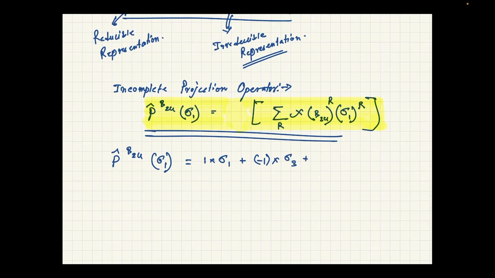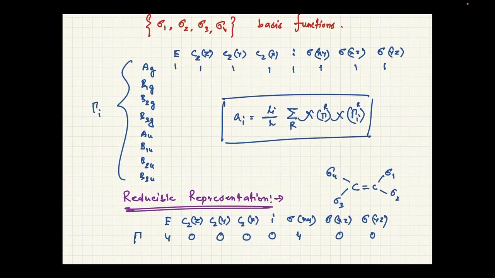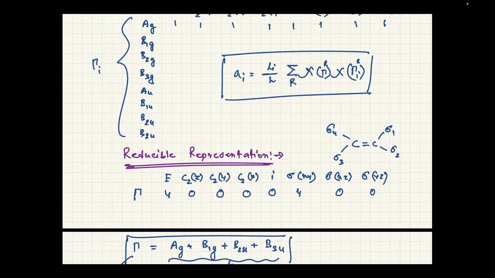Then the C2Y operation: the character of C2Y under the B2U representation will be 1, then sigma 1 under C2Y.